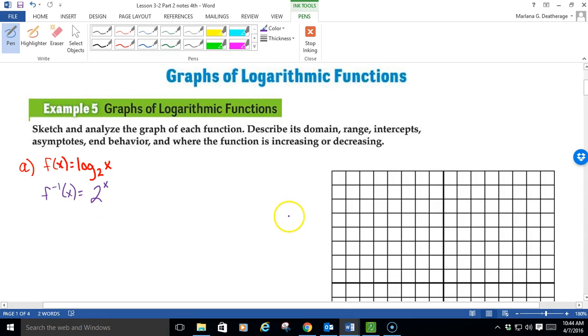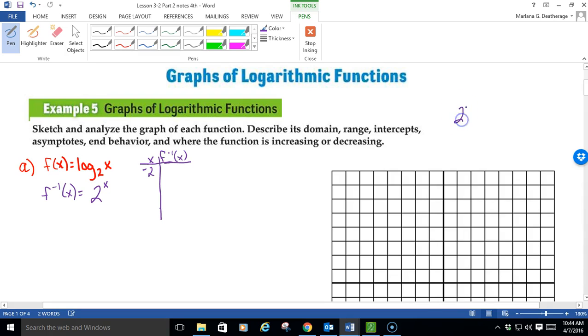Alright, so let's make a table. And this is the table for the inverse, 2 to the x. Alright, and we will start with the value -2. Now we can put it in the calculator, but we can do it pretty quickly over here.